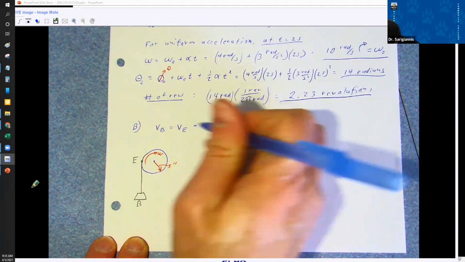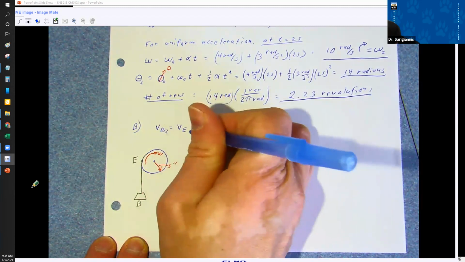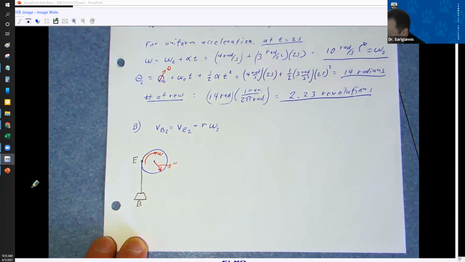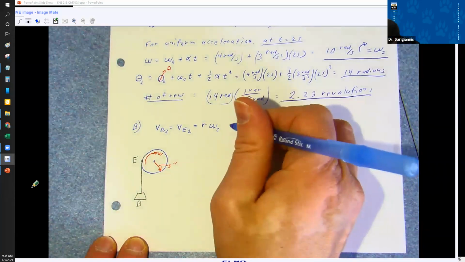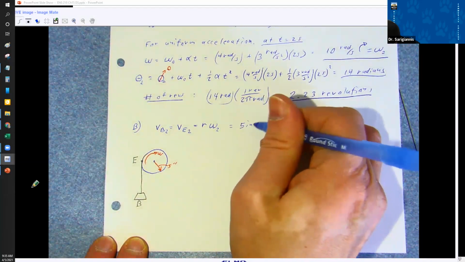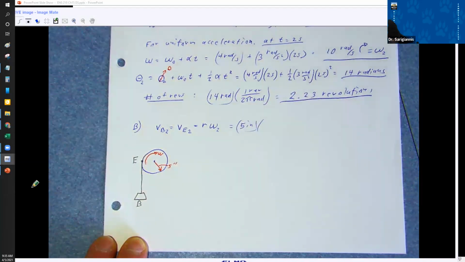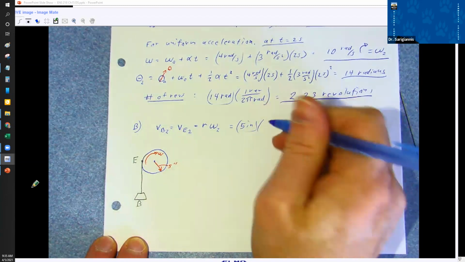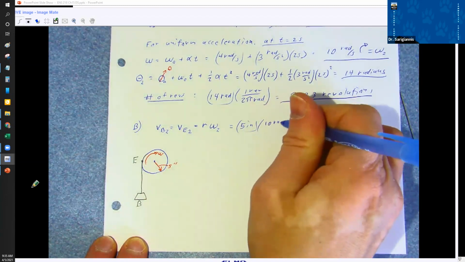We're going to write it at 2 seconds here. So I'm going to use 5 inches, and my angular velocity at 2 seconds was 10 radians per second.